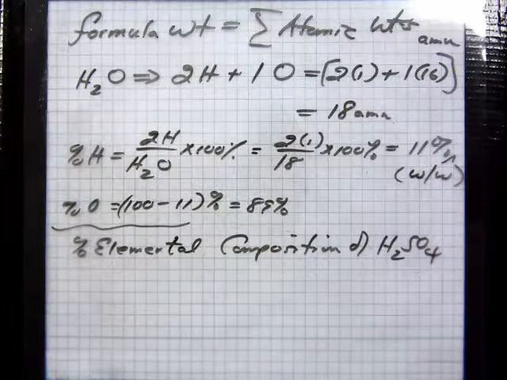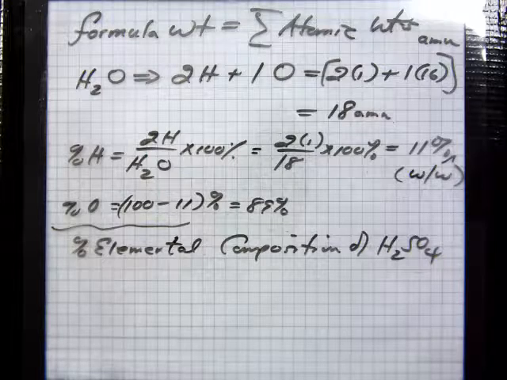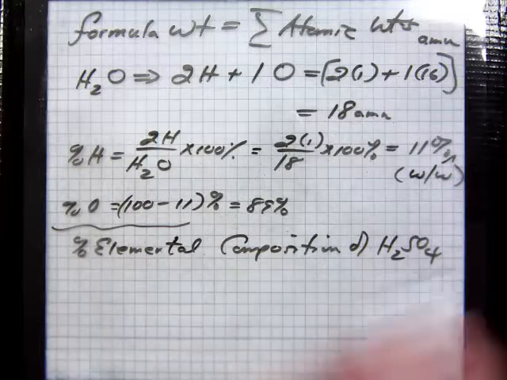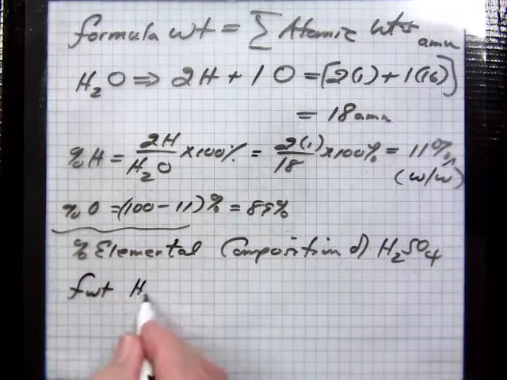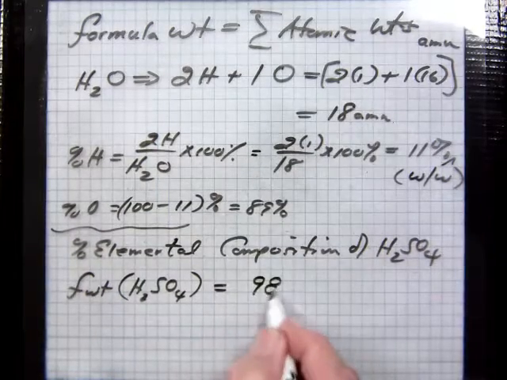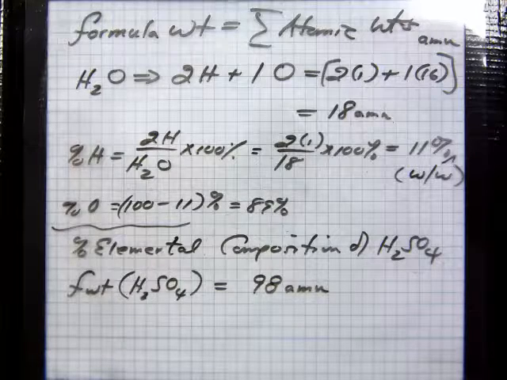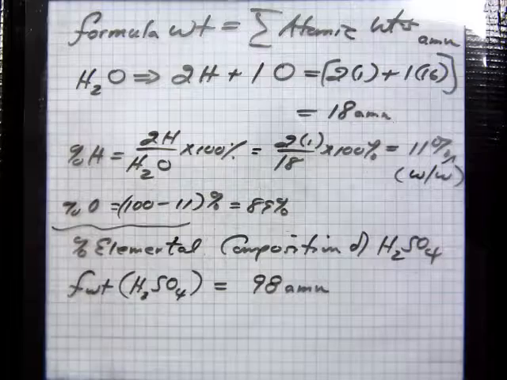So let's do that for a 3-element compound, just to give you an idea. The formula weight of H2SO4, to make a long story short, is 98 atomic mass units. You punch in the numbers with it.